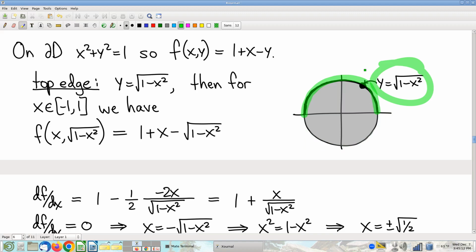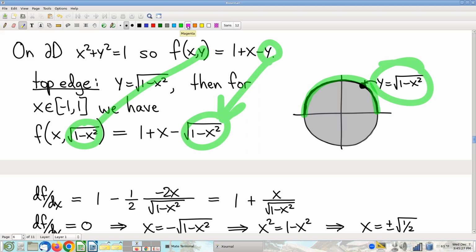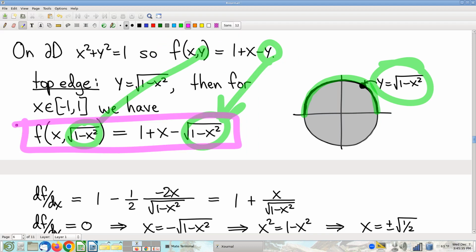With y being the square root of 1 minus x squared, I can adjust my formula for the function accordingly, and I can basically turn this multivariable function into a single variable function. And then I just consider the appropriate values of x.